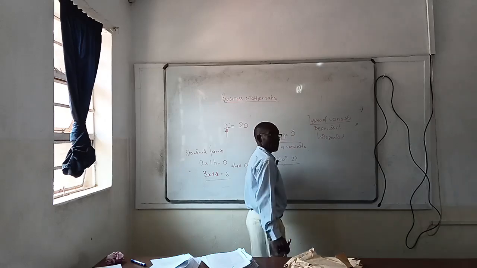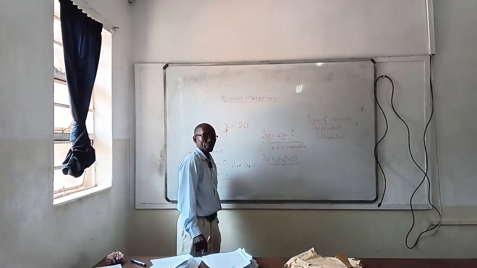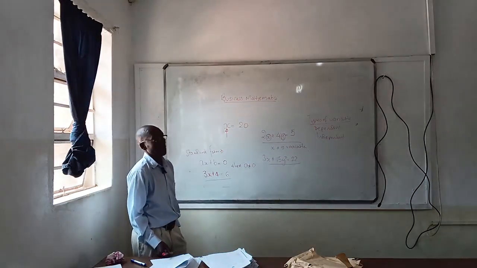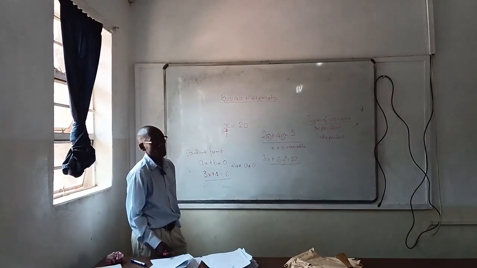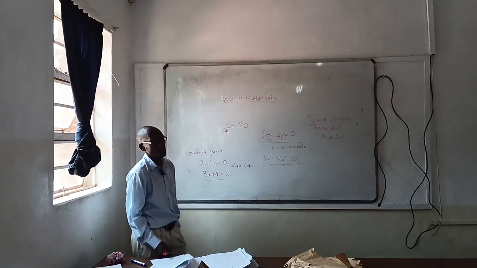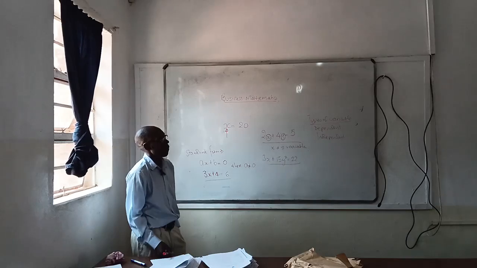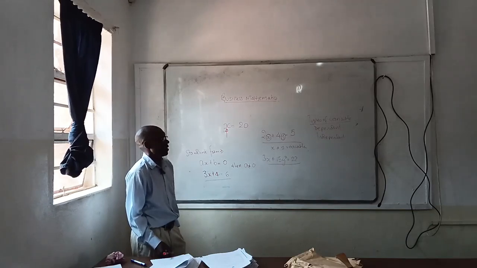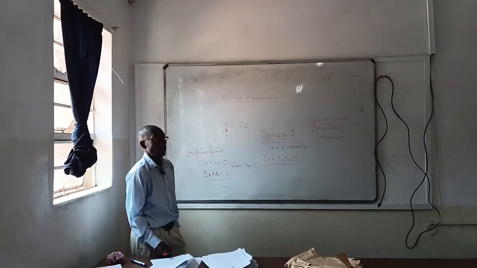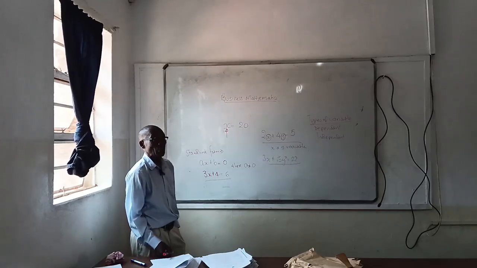Independent variable, dependent variable. The dependent variable is the effect. The independent is the cause. So I've got an effect and I've got a cause.